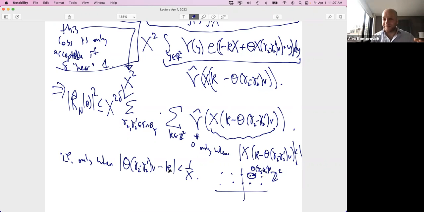And in fact, for most lattice points, there won't be one. For typical values of this thing, there's no reason for it to be that close. So at most one value of k in Z2 is close enough.